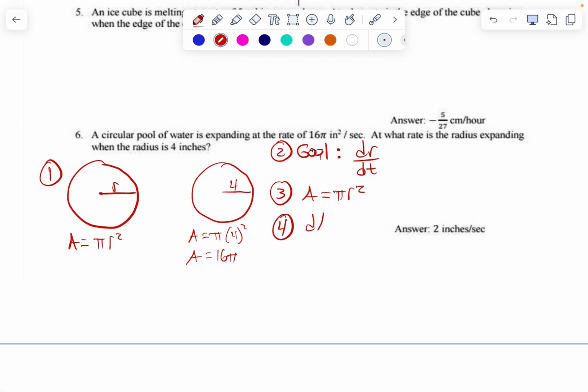We're getting used to it. This time the radius is not constant. As the pool expands, we can't, like we did before, say that this is constant. But the pi certainly is. So let's do 2 pi r dr dt.